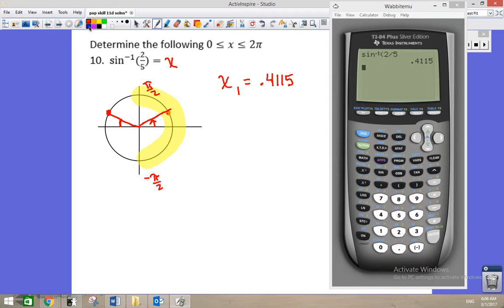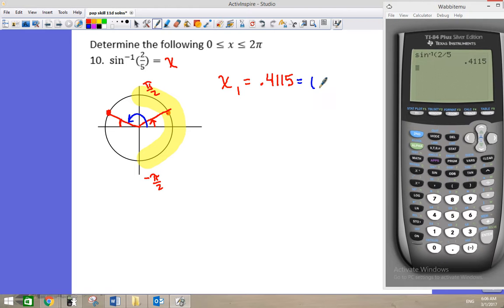So if I'm trying to find this angle that's in quadrant 2, I can use this because this is its own reference angle. If I call it theta reference, when I come in to find the solution associated with this point, all I have to do is take pi minus this 0.415.